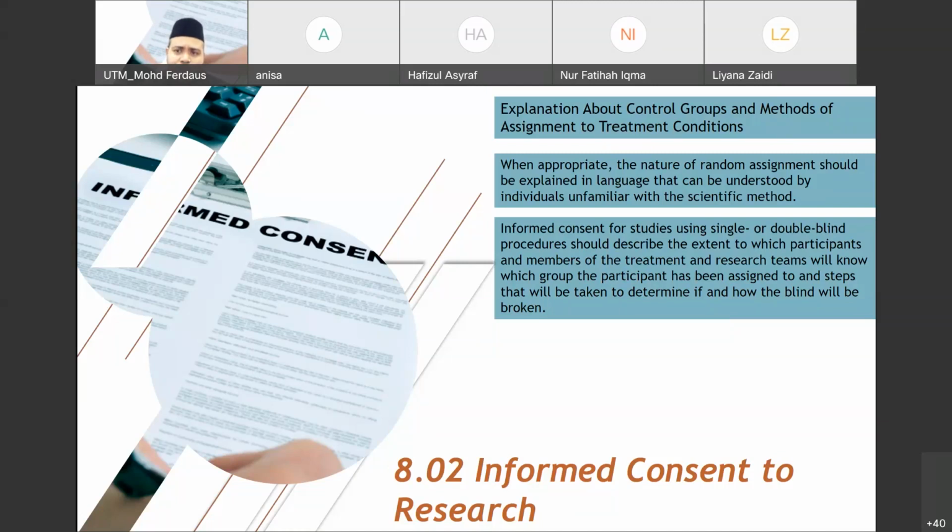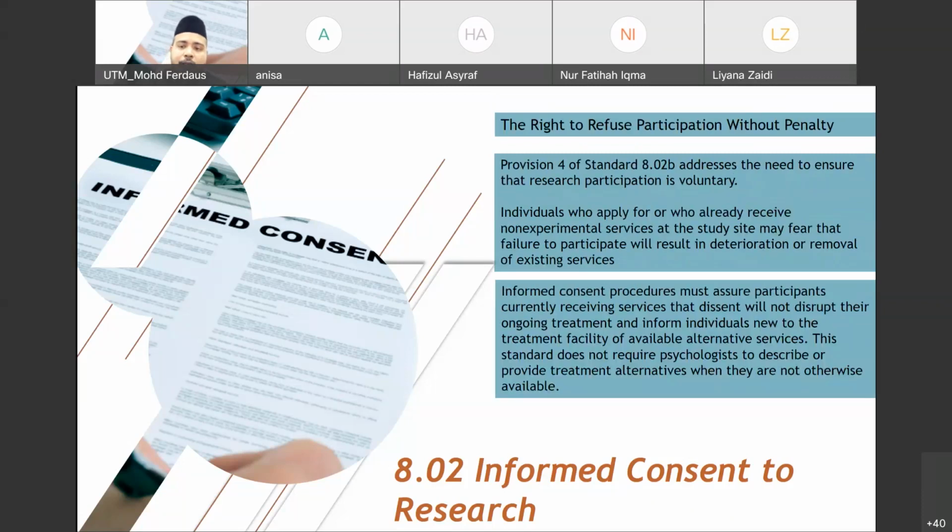The explanation about control group and method of assignment to the treatment condition also considers how they are going to be assigned to single or double blind. Double blind is a good alternative to single blind, because sometimes the treatment of the person who has to give the therapy, who has to give the condition, can give an indication or can have an effect on the participant as well.